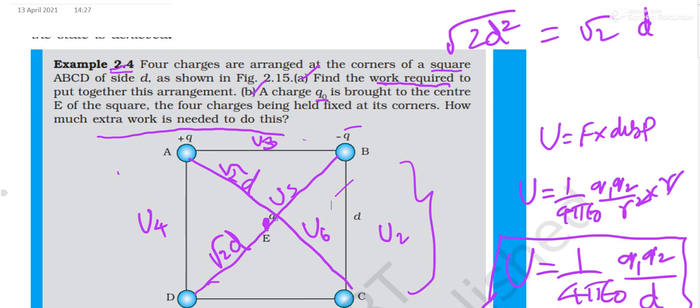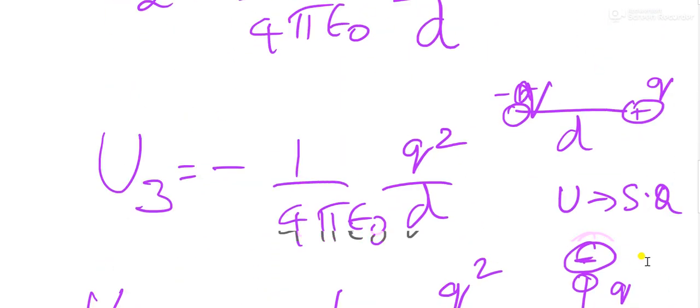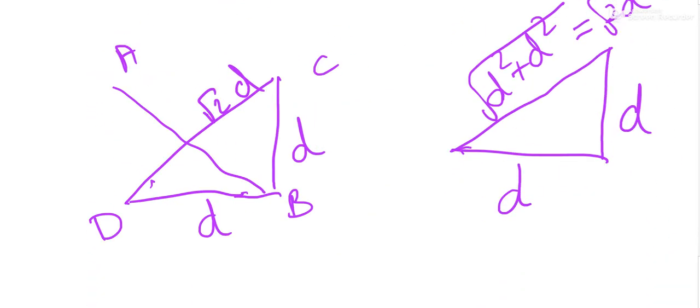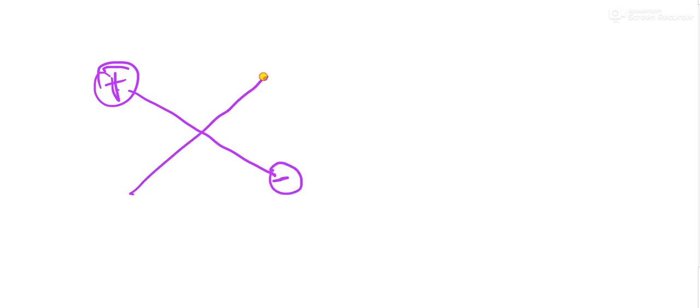Now I am going to find U5 and U6. See here how I find them. For U5, this corner is plus and this side is minus, here plus, here minus.